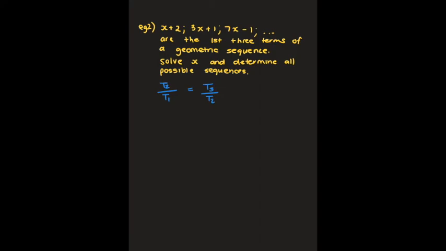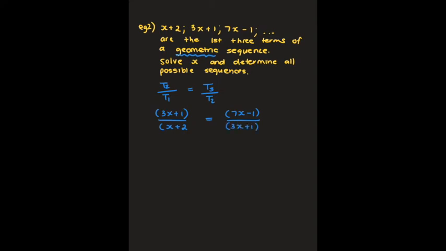Because the pattern is geometric, that is why I'm using this trick. Term 2 over term 1 equals term 3 over term 2. So term 2, remember that we use brackets, 3x plus 1, over term 1, x plus 2. Term 3 is 7x minus 1 over 3x plus 1.